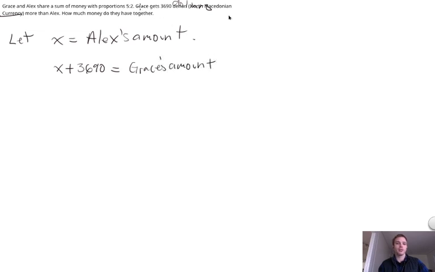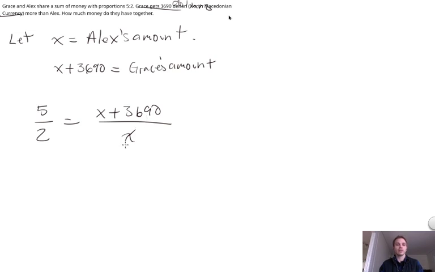Why is that? Well, Grace gets 3,690 denarii more. So the ratio of Grace to Alex is 5 to 2. So let's say 5 to 2 equals, this is Grace's amount here, X plus 3,690 over X.